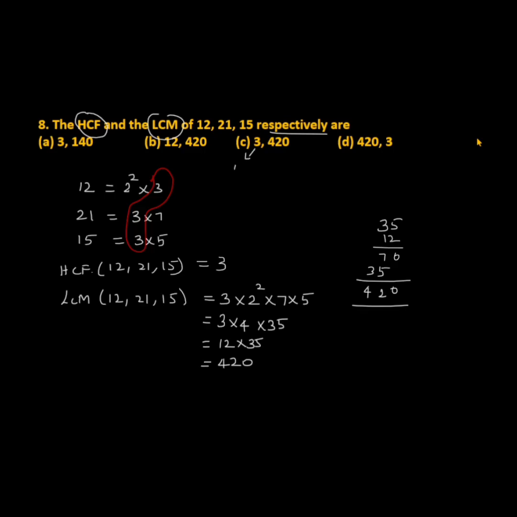So this is HCF, this is LCM. So when we look here, this will be HCF and this will be LCM, so this is not the correct answer. So the answer is, HCF and LCM of these three numbers, 3 and 420. This is the correct answer. So option C is the correct one, not option D.